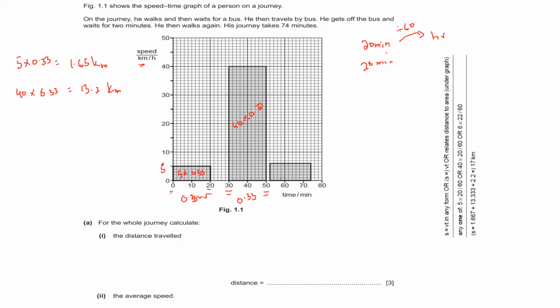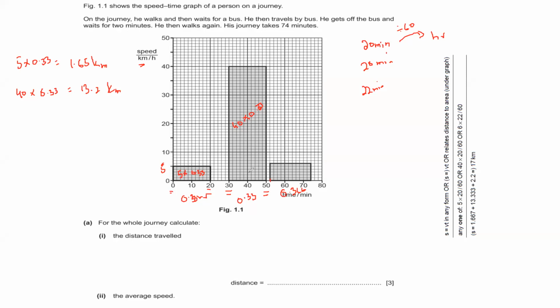And the last one is starting at 52 and ending at 74. So 74 minus 52 will give us 22 minutes. So the last interval is 22 minutes. Again, we have to convert, so we have to divide by 60. So 22 divided by 60 is equal to 0.366.